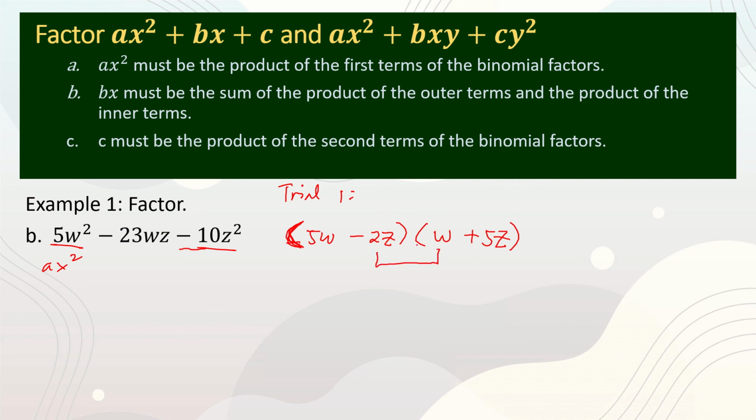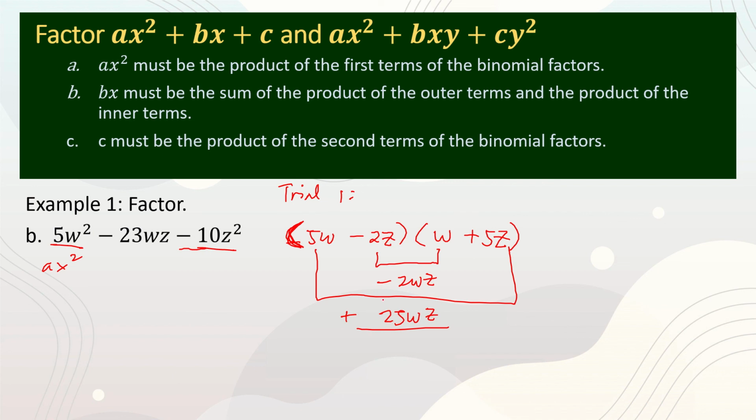Okay, ayan. So i-check natin. Multiply the inner terms. Negative 2z times w is negative 2wz. Then, outer terms, 5w times 5z, 25wz. If you add them, these are like terms. Both terms has wz as a literal coefficient.